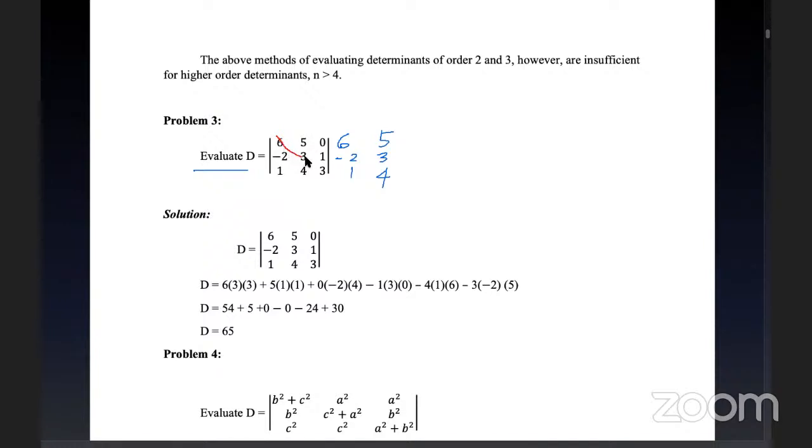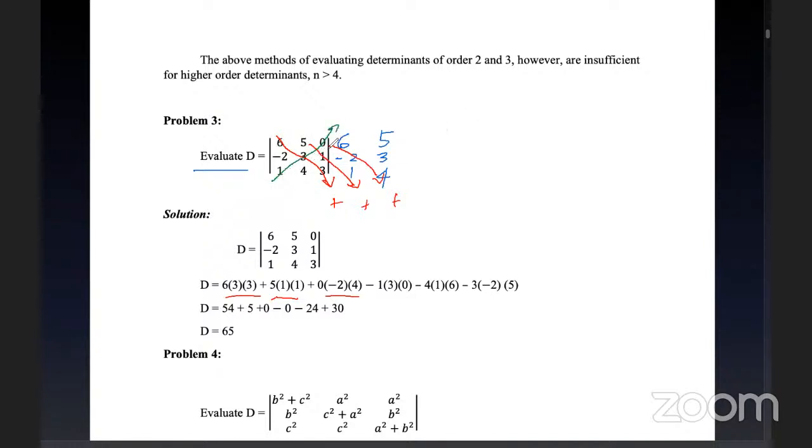So 6 times 3 times 3, positive lang yan. So this is that term na nabanggit ko. And then 5 times 1 times 1, yun yung ating second term. Again, positive pa rin yung sign. Lastly, 0 times -2 times 4. So this is the term I mentioned. Plus ulit.